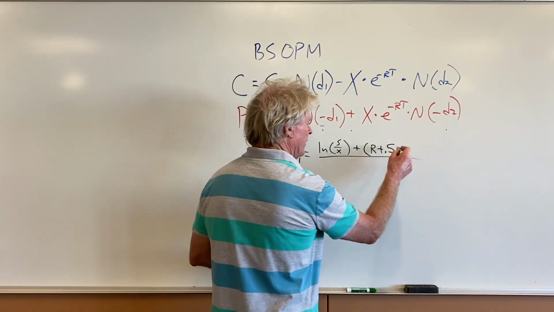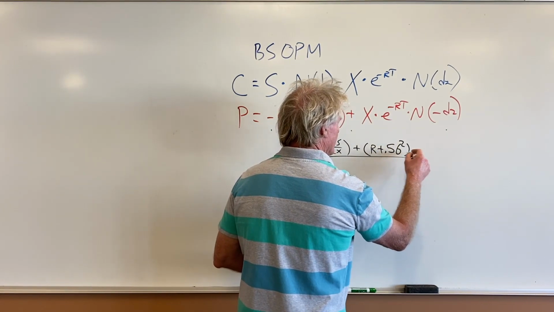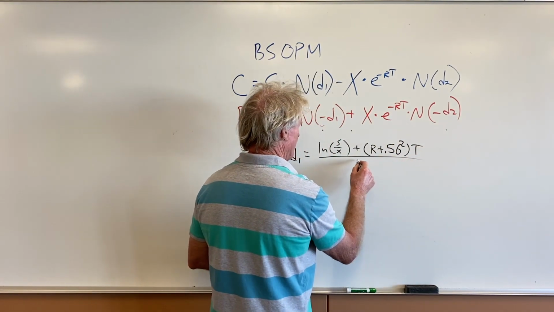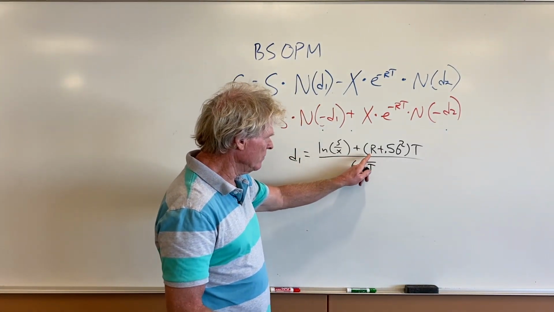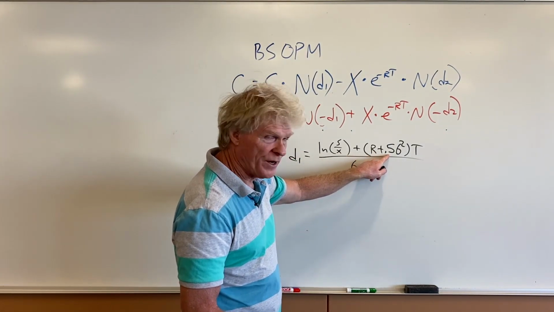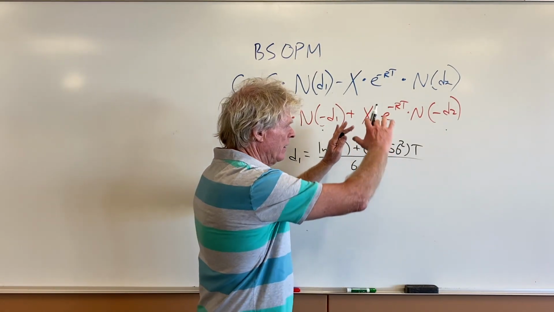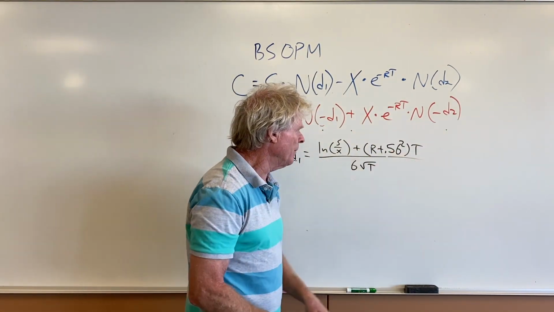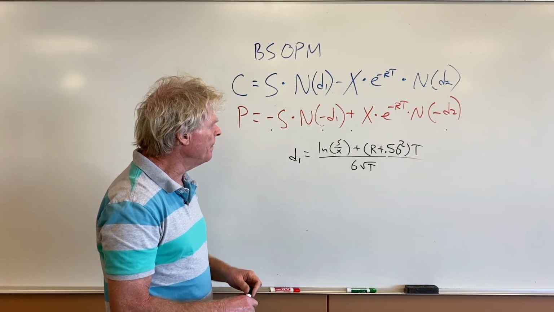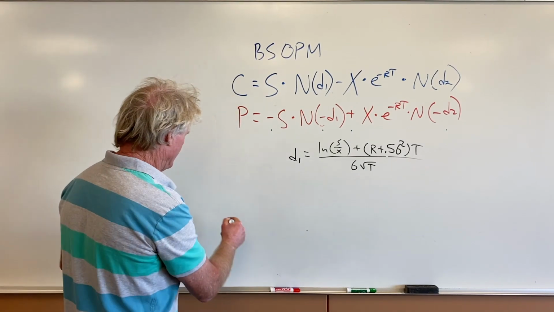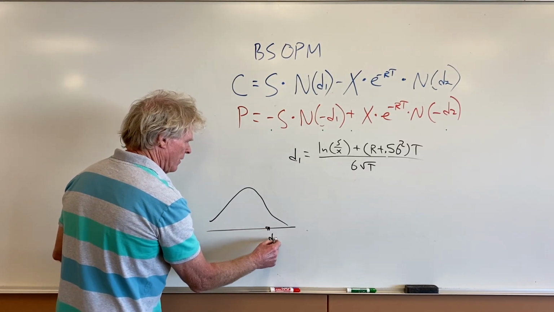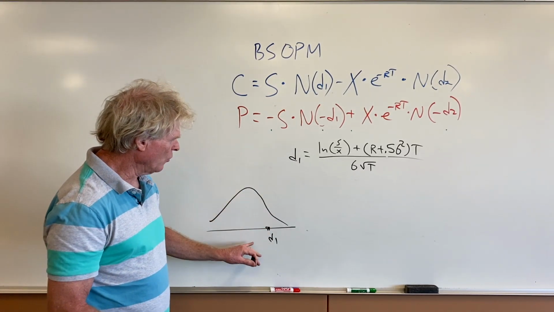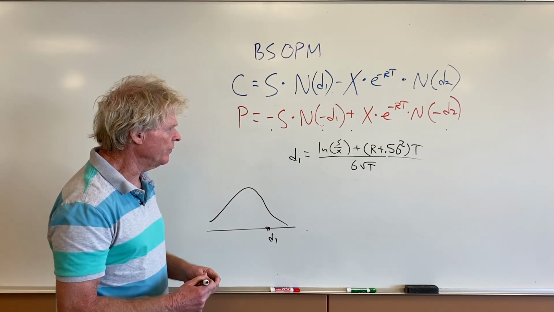So this is R plus 0.5 sigma squared, end the parentheses and multiply by T. And that's D1. And remember, D1 is a point along the horizontal axis of a standard normal distribution.